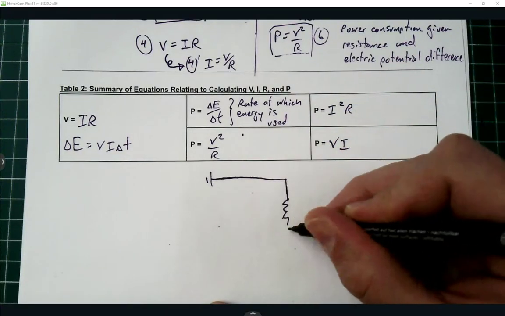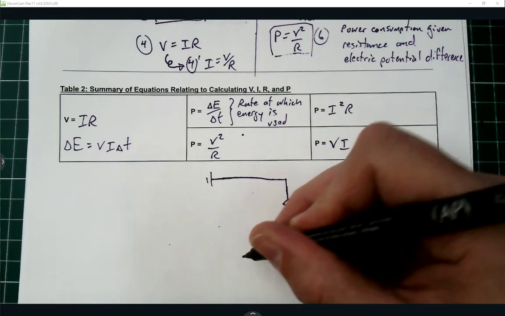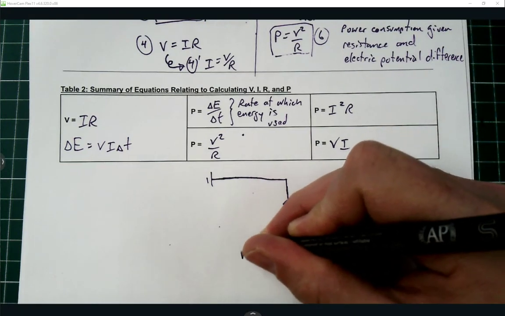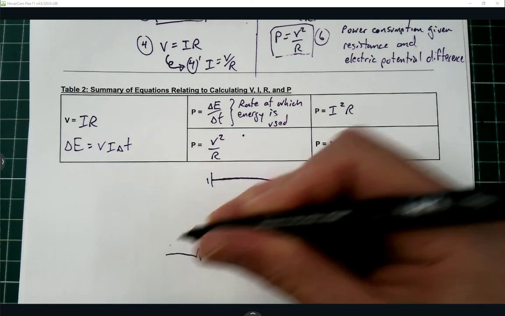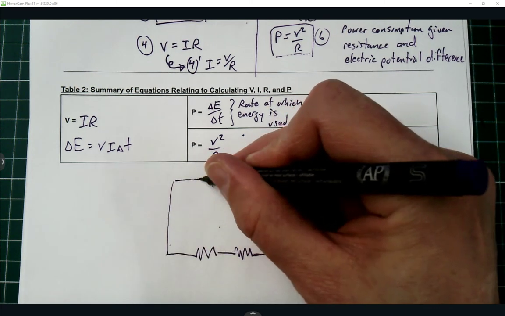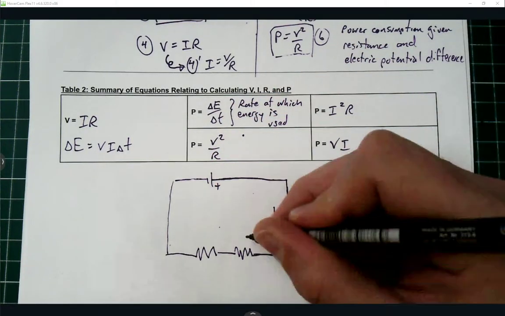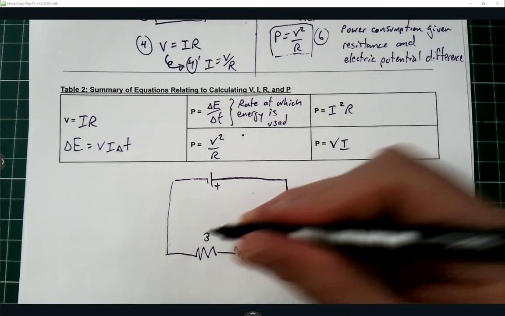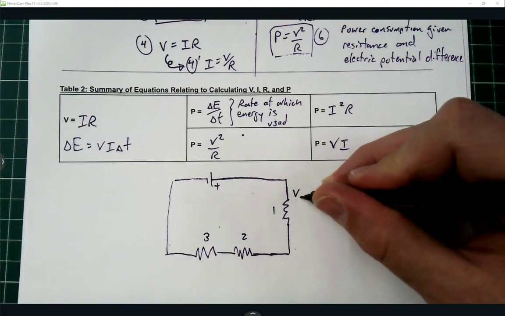I'll just make it be like 3 resistors in series just to keep it all nice and friendly. Back to the source. Not even going to bother putting a switch on it. I'm going to call this one resistor 1, 2, and 3. So 3 different loads.